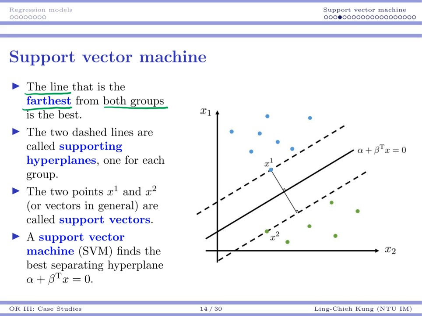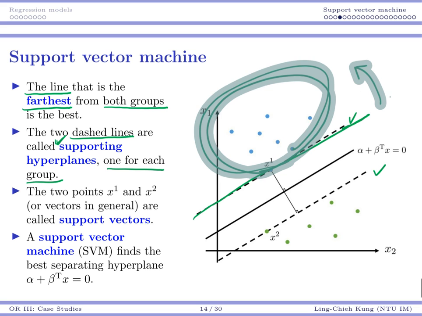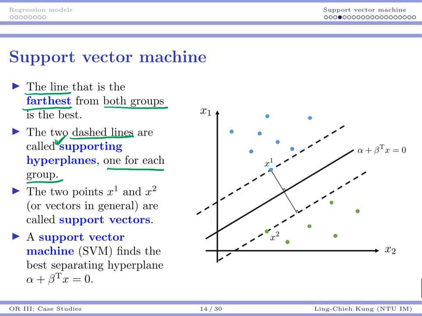Okay, once we agree to do that, technically we may define several terms. First, we get two dashed lines here. They are called supporting hyperplanes, one for each group. You may check the definition for supporting hyperplanes, but anyway, given a set, a supporting hyperplane is a plane that puts the whole set on one side of it and is the closest to that group. I hope you agree that is indeed these dashed lines.